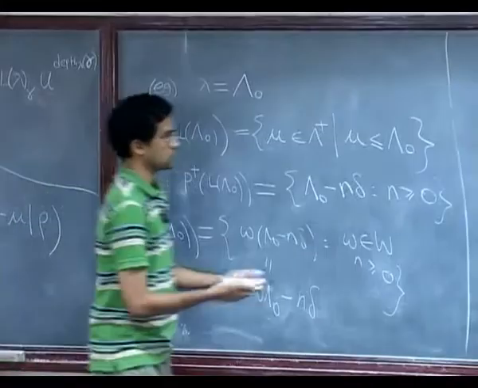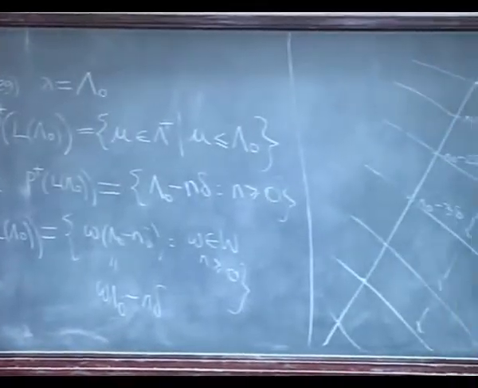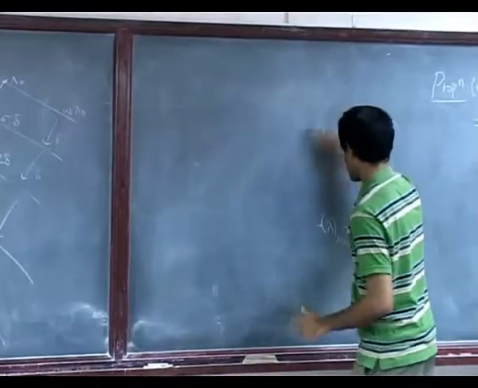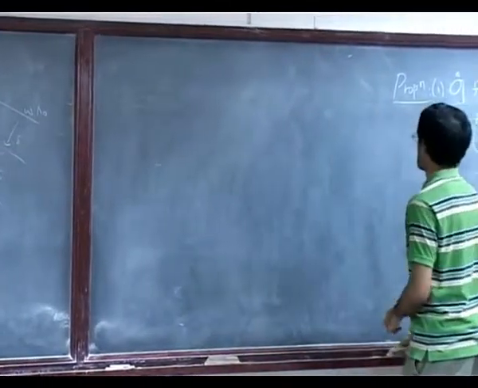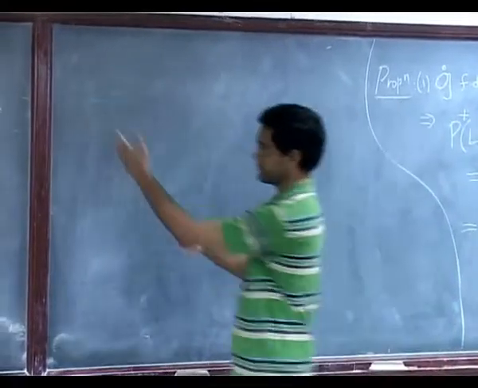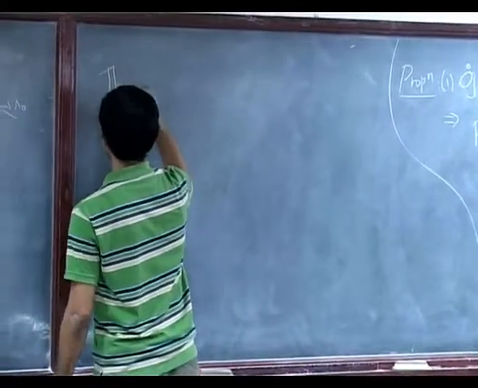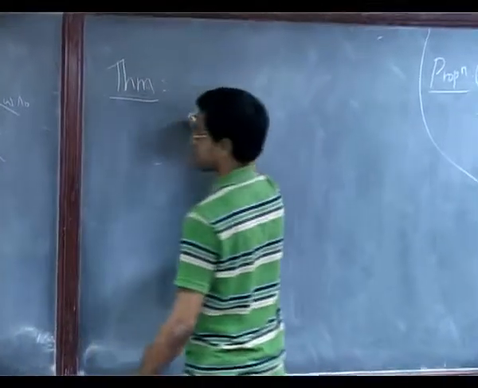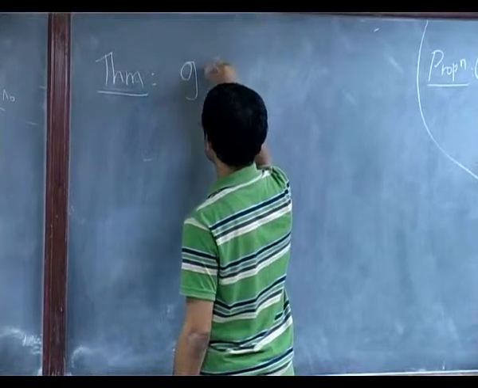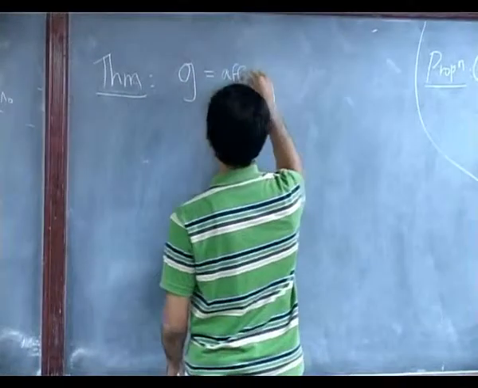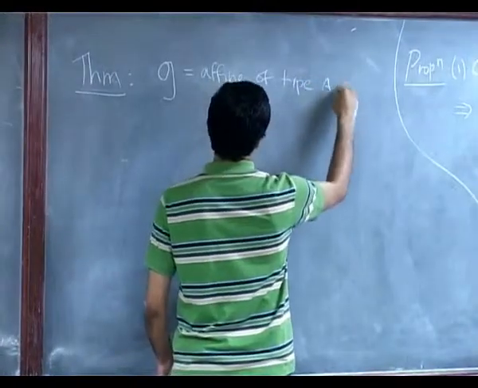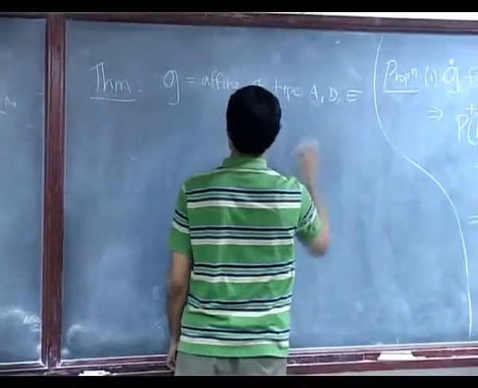And it turns out, I guess we'll stop with this final theorem statement, which explicitly says what this is. And again, it's probably special for A, D, and E. So let G be an affine algebra of type ADE, meaning all roots have the same length.